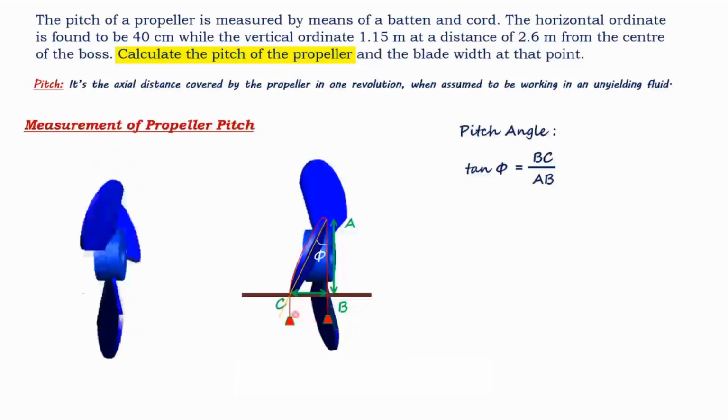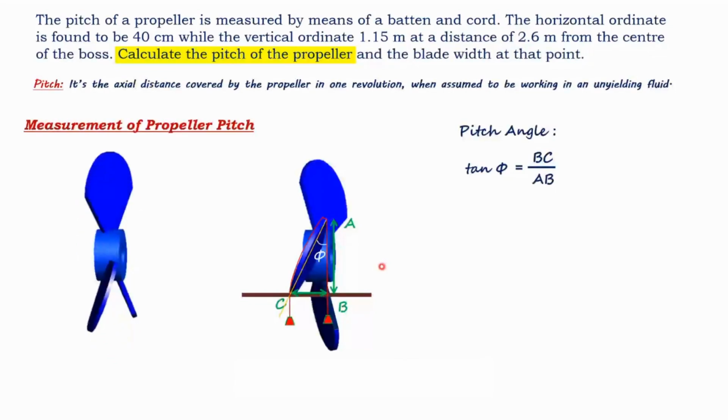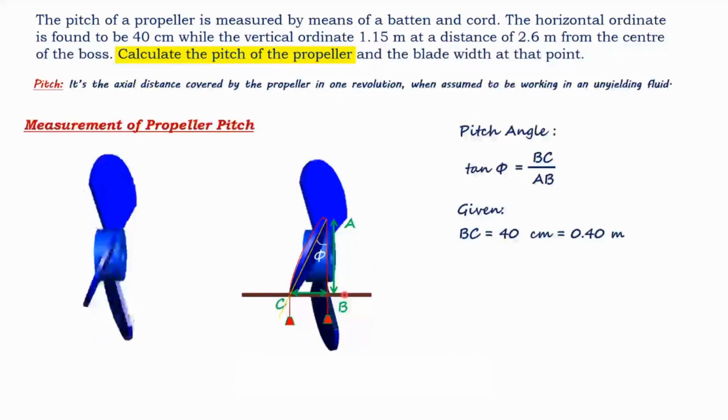Look at this triangle. Can we utilize some trigonometric functions? Tan phi will be equal to the ratio of the opposite side to the adjacent side. So the ratio of BC to AB will be tan phi. Now we have been given BC, the horizontal ordinate, as 40 centimeters, which will be the same as 0.40 meters.